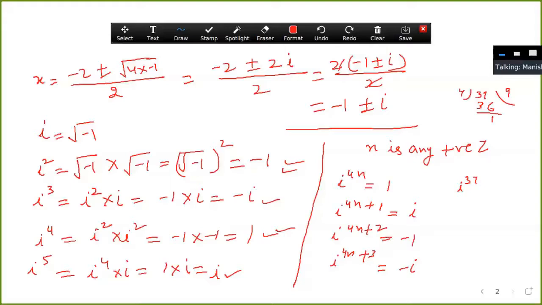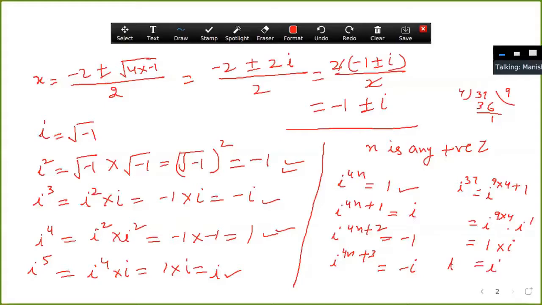So you can write this as iota to the power 9 multiplied by 4 plus 1, or iota to the power 9 multiplied by 4 into iota to the power 1. Any number having power a multiple of 4 is equal to 1. Then this will be equal to 1 and this is iota. So it is equal to iota.